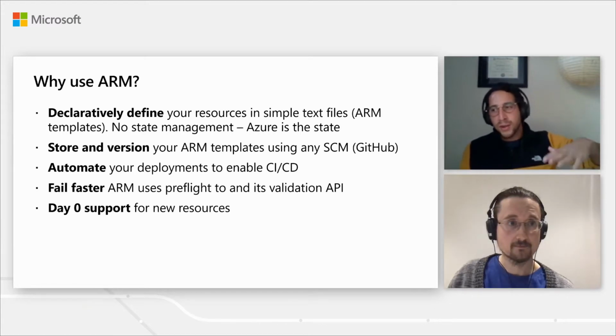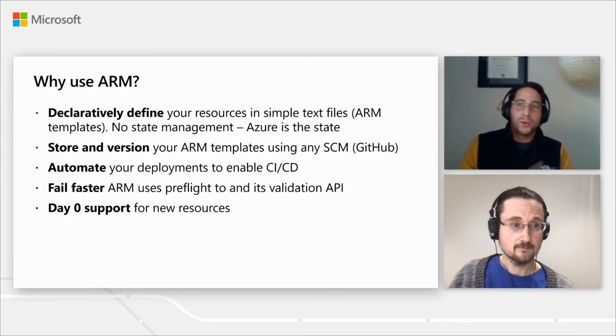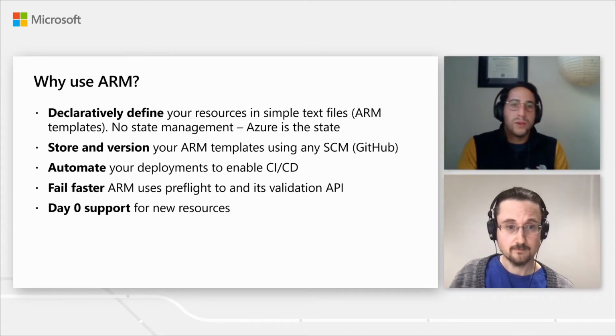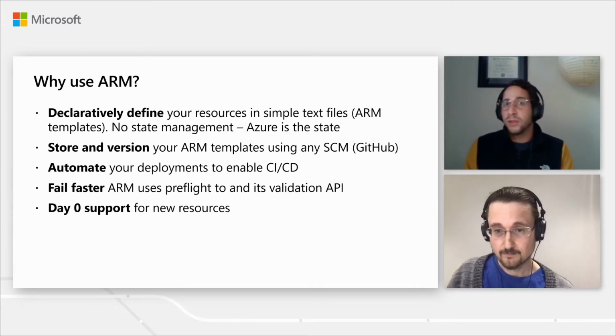All other 199 resources succeed, but that storage account at the end shows you an error saying the storage account name needs to be unique globally, and it has to be between 2 and 24 characters. So right now with pre-flight, if you submit that deployment, it's going to return that error almost instantaneously.